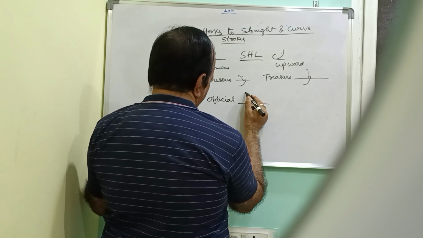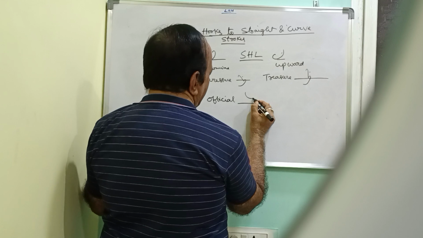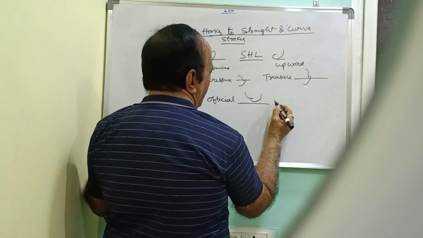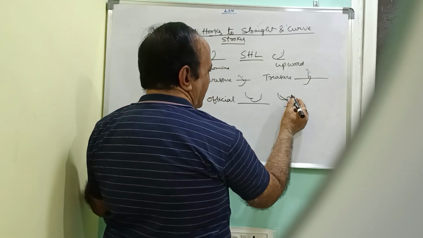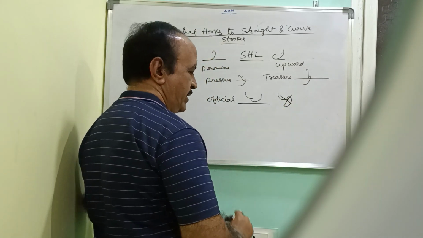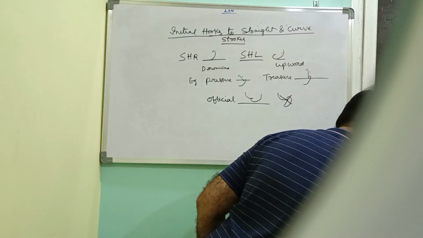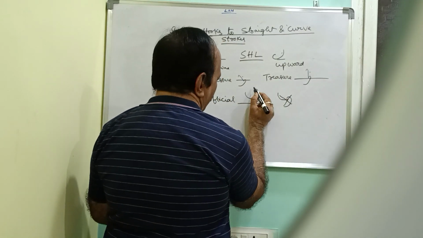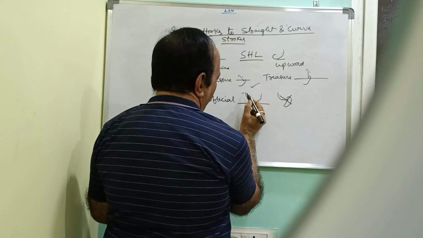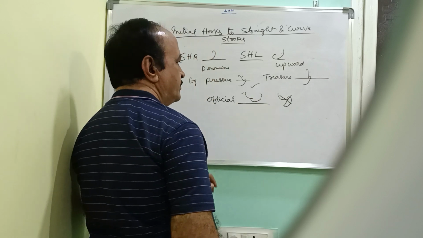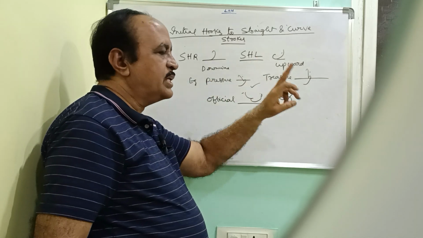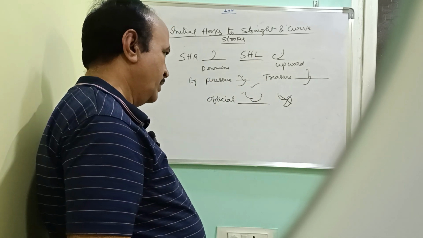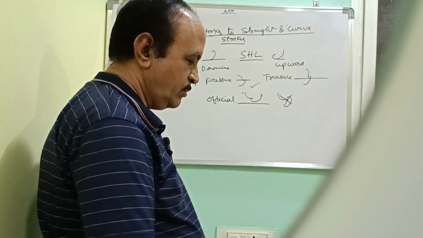See, we can't write it like this. If you write like this, it is not that easy. So that is why we go for this form only. This is the correct one. Official. Like this, shar is always written in a downward form, and shal we are always writing in an upward form. Clear? Okay, then we are going to the next thing.